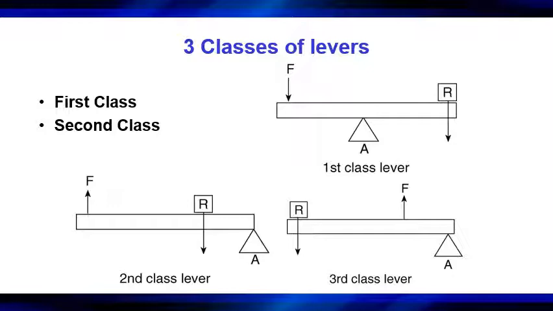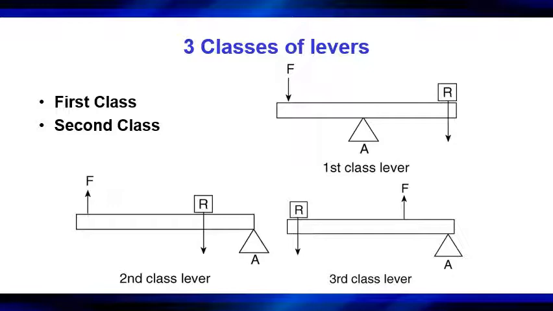Then you have your second class lever. Here you have your axis or fulcrum on the end, the resistance arm in the middle, and the force at the end. When measuring the resistance arm and the force arm, go back to your definitions: they are the perpendicular distance from the axis.